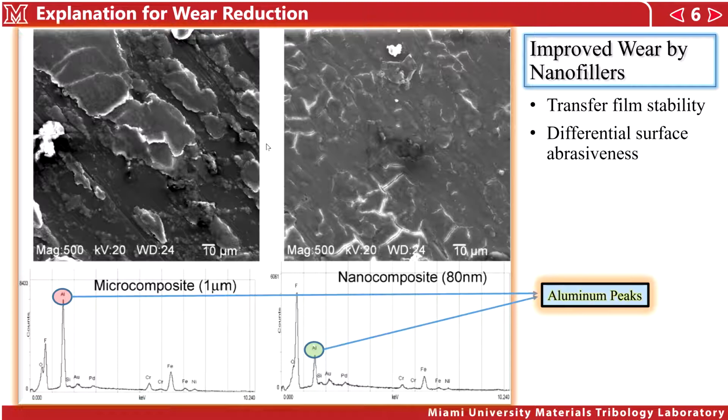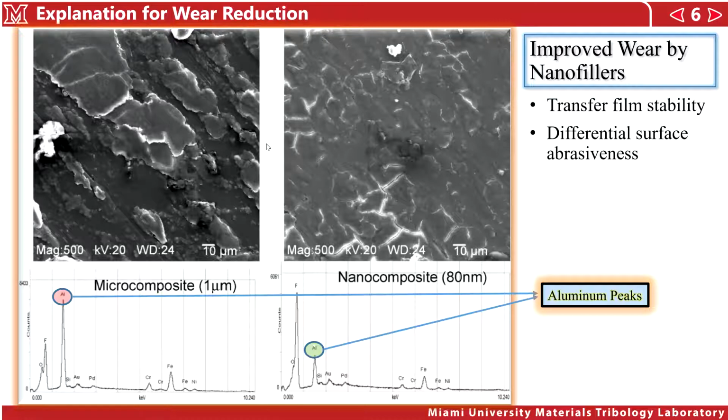Before I talk about this mechanism, I will first have to explain something called a transfer film. This is a very important explanation because in almost all the studies that I've reviewed, all research groups have looked at this transfer film and its evolution over time. A transfer film is basically a layer of PTFE that gets transferred from your PTFE composite onto the counterface.